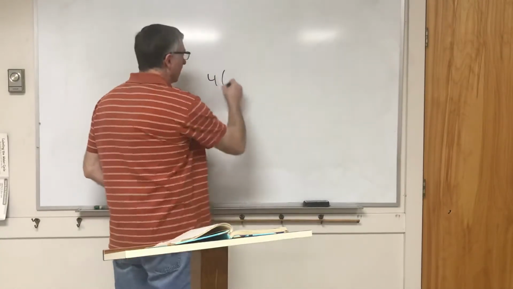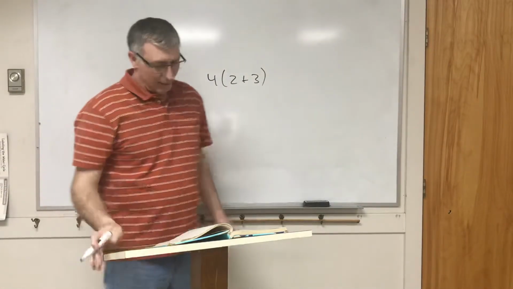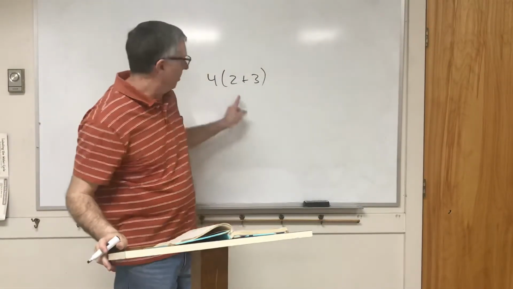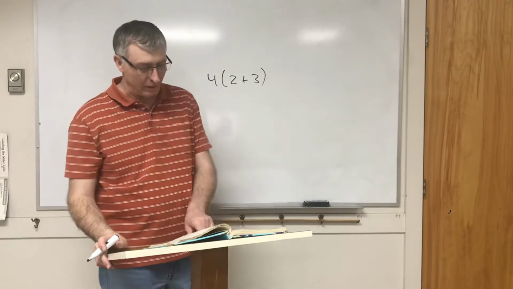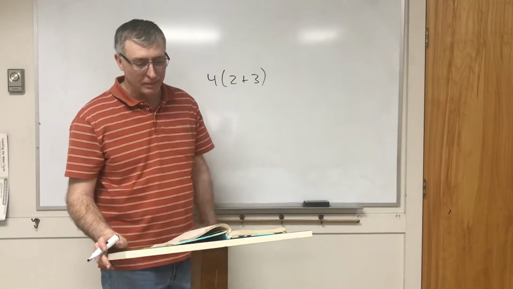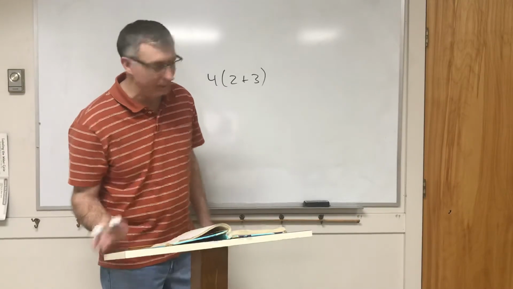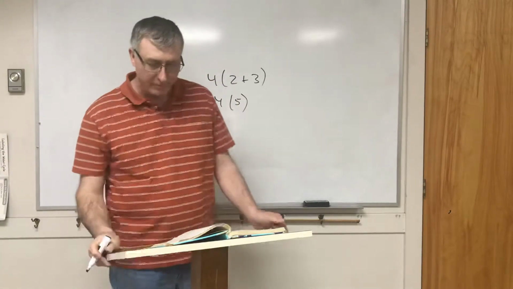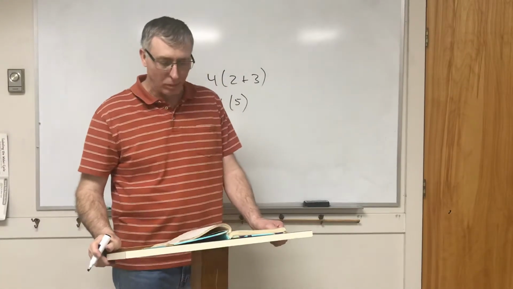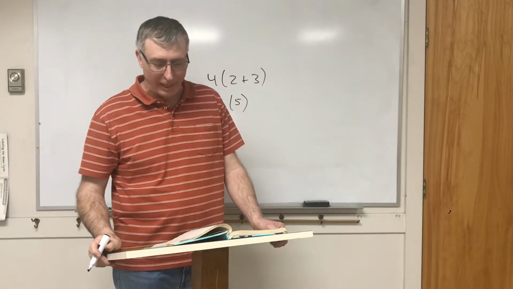4 times 2 plus 3 in parentheses tells us to multiply 4 by what is inside parentheses. There are two ways we can do this. On the left, we added 2 and 3 to get 5, and so you have this. On the right, we multiply 4 by 2 and multiply 4 by 3, and then added 8 and 12.